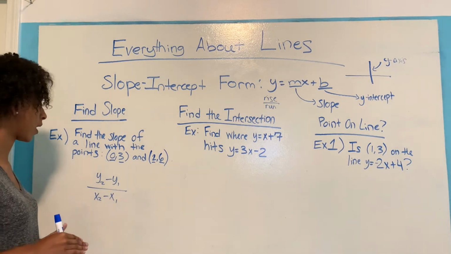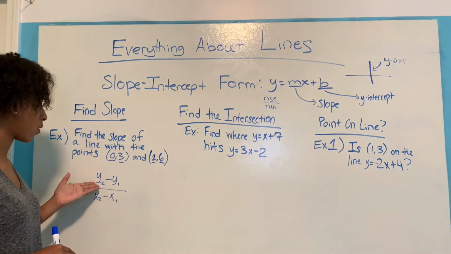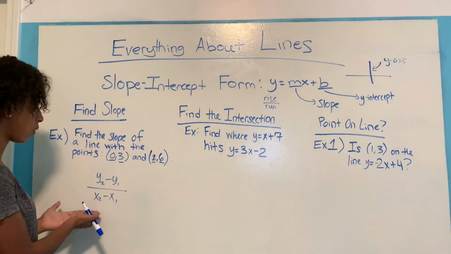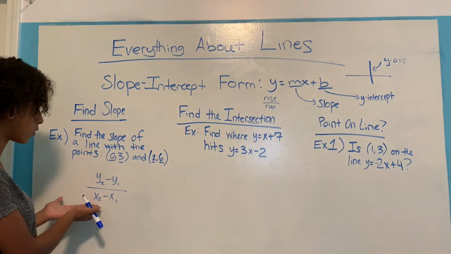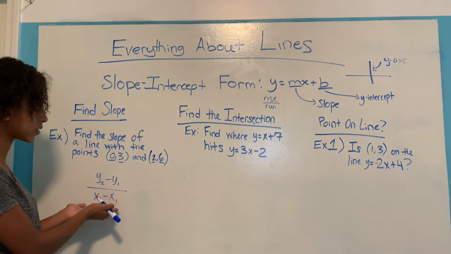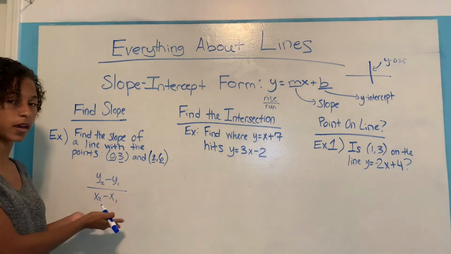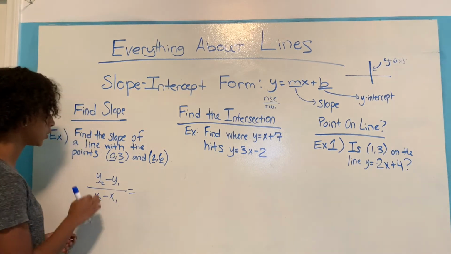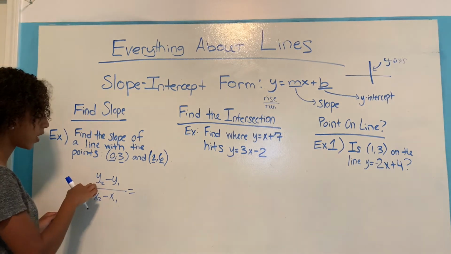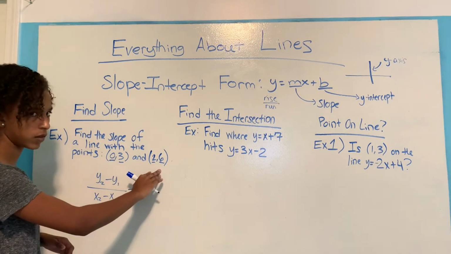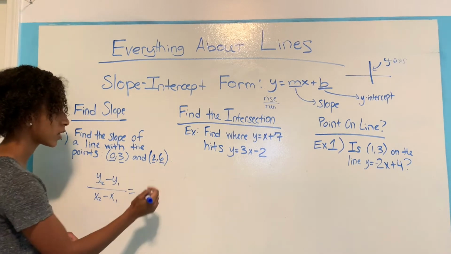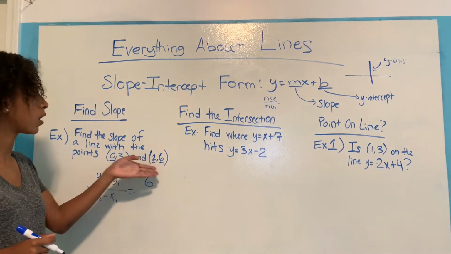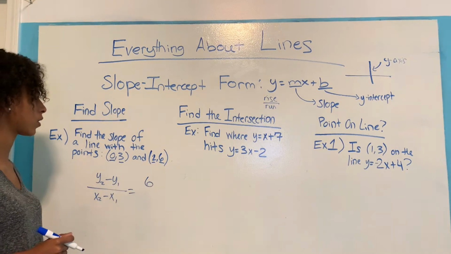It's literally to say the second ordered pair's y minus the first ordered pair's y, over the second ordered pair's x minus the first ordered pair's x. In this problem, the y of the second one would be 6, right? Because that's the y value of the second ordered pair.